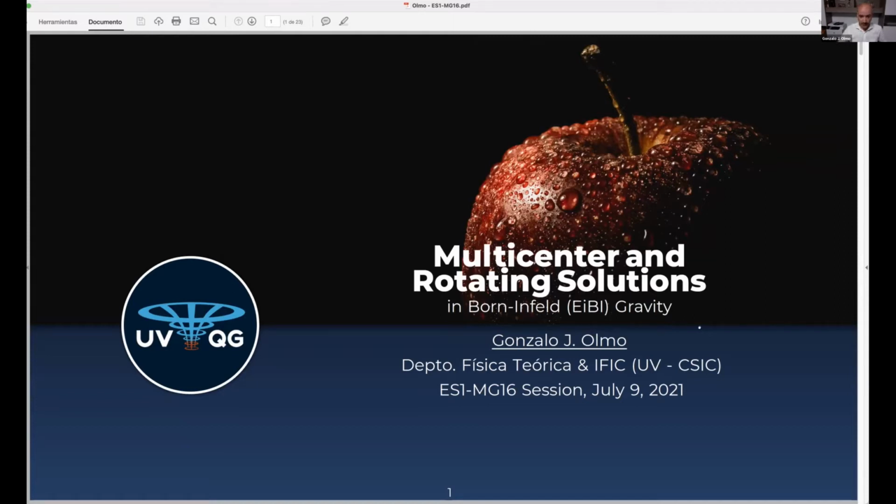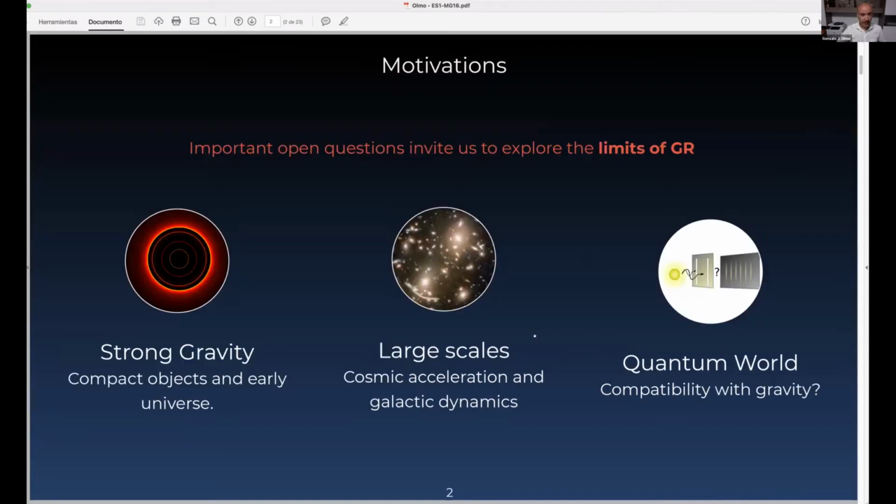So we are considering modified gravity, and the reasons for this in general are well known. We have important open questions, and we want to solve them and have a different perspective on them beyond general relativity. It's nice to explore strong gravity effects like the early universe or compact objects, or understand some observational problems, mainly with cosmology at larger scales.